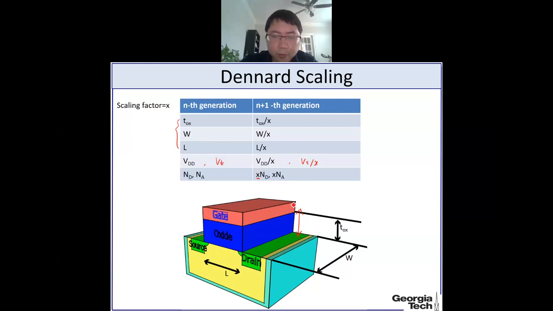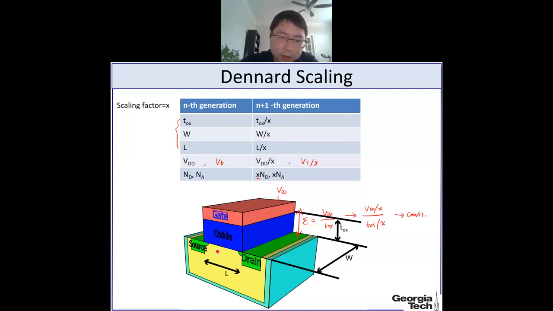When we run the transistor in the on state, you apply VDD to the gate, and then the electric field in the gate oxide will be VDD divided by TOX. So if VDD scales by x and your TOX scales by x, then this is a constant field.